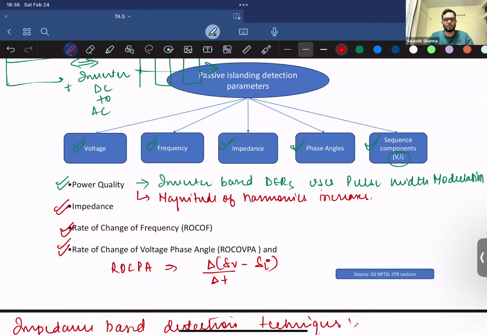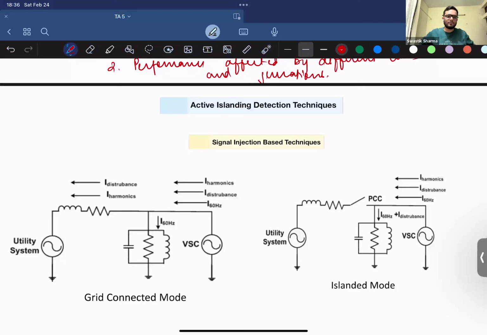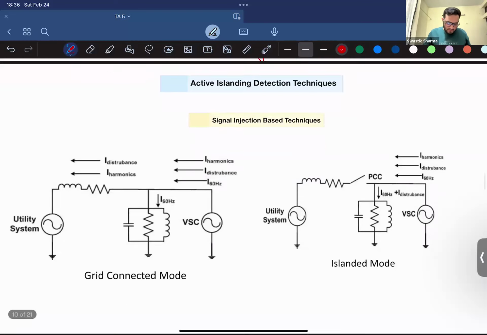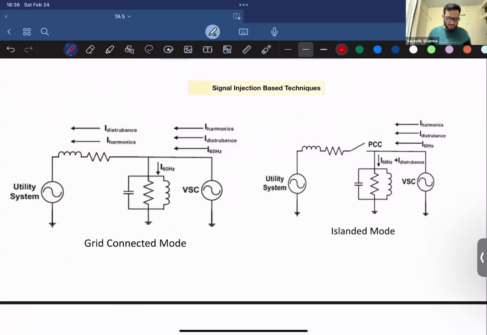So what we do is we shift to more active islanding techniques called active islanding detection techniques. So what do you do in these techniques? You inject signals. Under a signal injection based technique, you have inverter based resources, right? So this is your converter or the inverter based resource. You inject a disturbance into the system, and you check how your system responds to this disturbance.